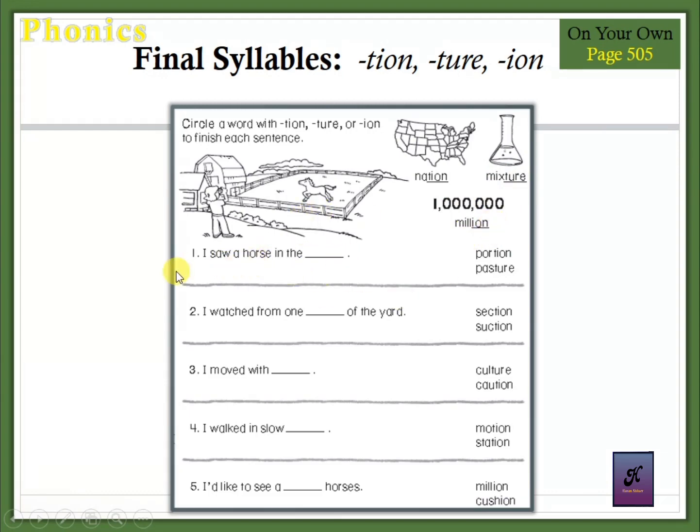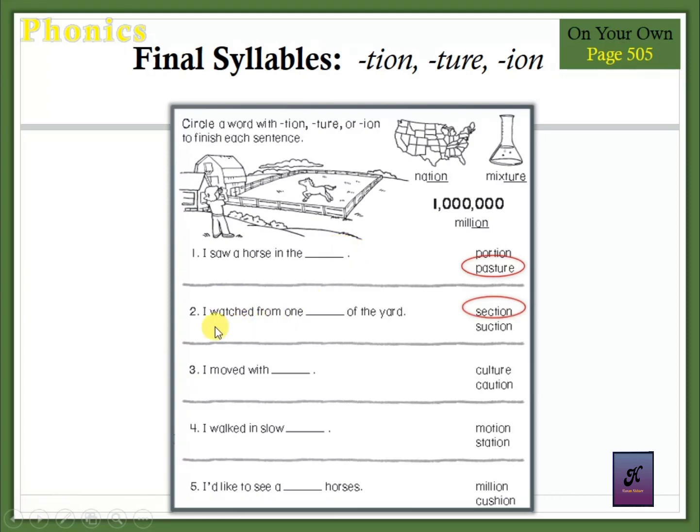For each sentence, we have two words as a choice. You will choose the correct word and put it with the right sentence. For the first one, I saw a horse in the, I'm looking in the field right here, I saw a horse in the what? In the portion or pasture? I will say pasture. So the first one is pasture.